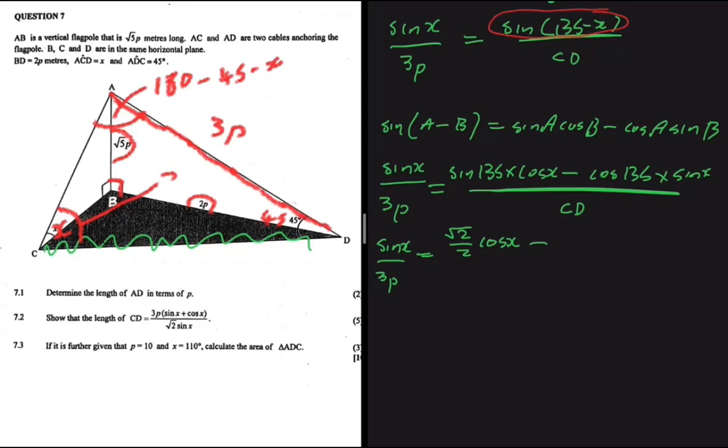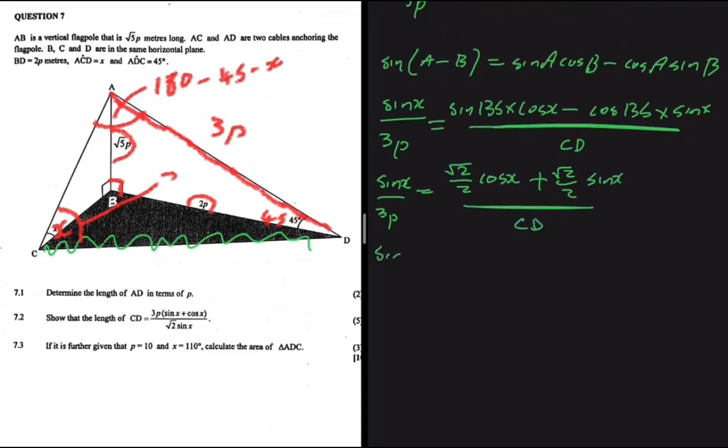So this will just become plus square root of 2 divided by 2. And then sine of x is just sine of x, right? There's nothing more we can do there. Divided by CD, right? So sine of x divided by 3p will be equals to, obviously we're taking square root of 2 divided by 2 as a common factor, right?